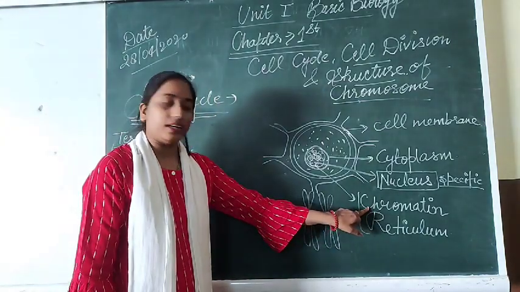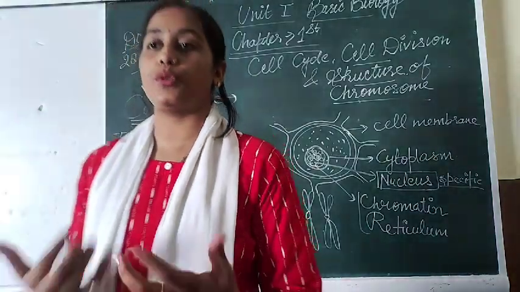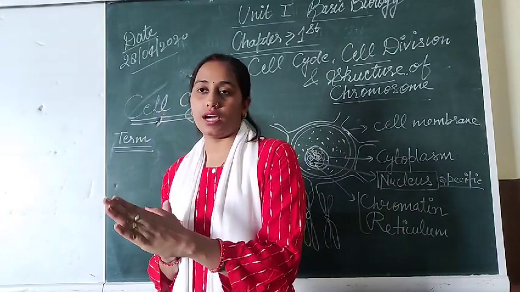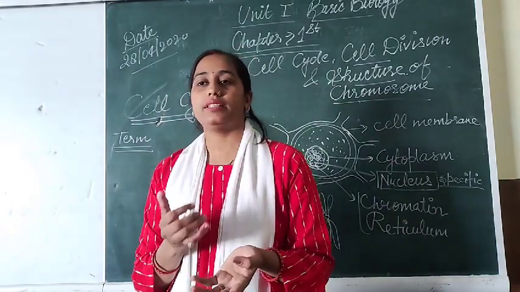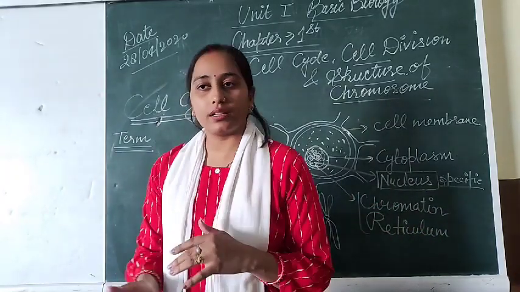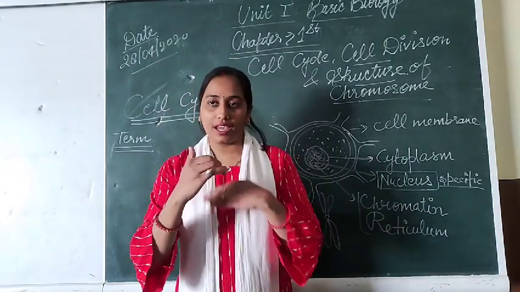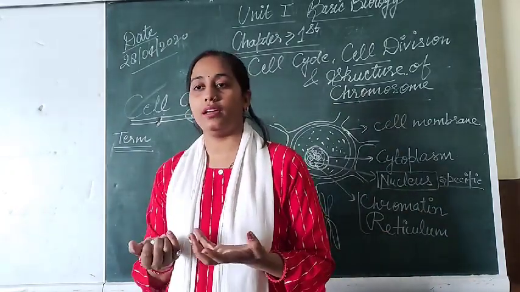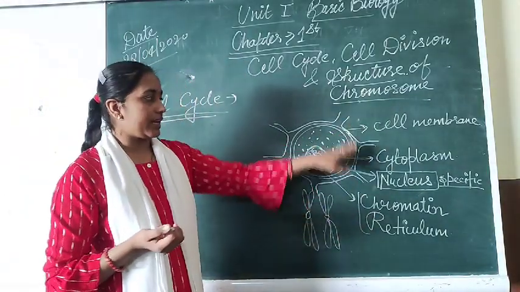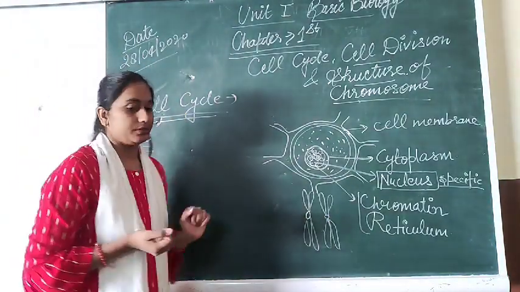This genetic material is responsible for the resemblance between the species, how offspring look like father or mother. So these are the technical terms we have to remember while we study the cell cycle.